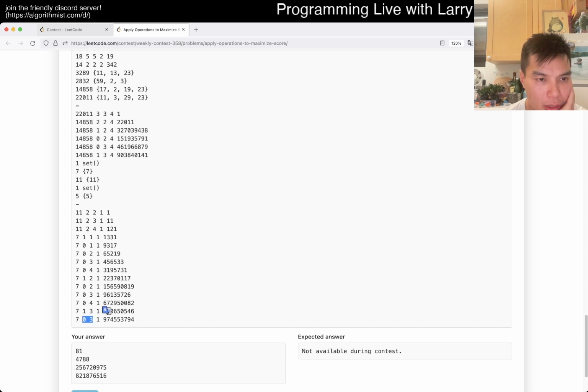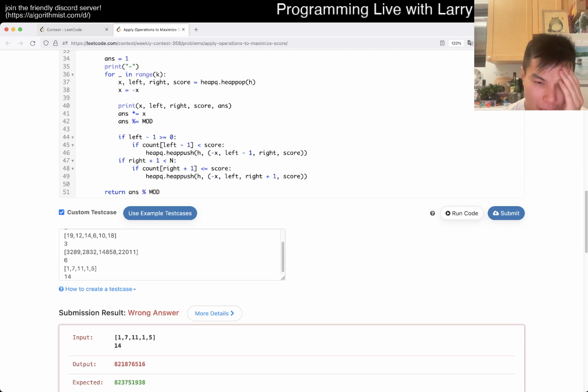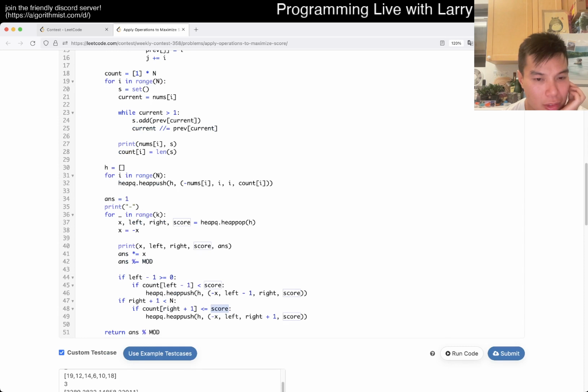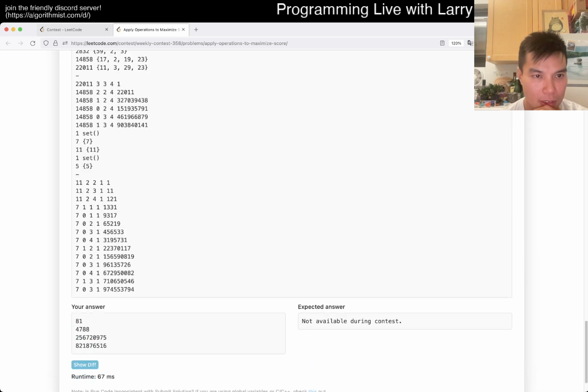Why am I 0, 3? Am I expanding right? So the current score is greater than or equal to the right. That's fine. That means that we get the current score. To the left has to be exactly greater. Yeah.